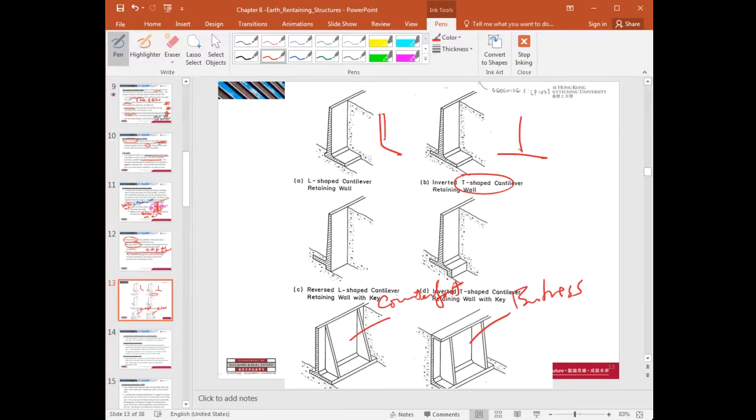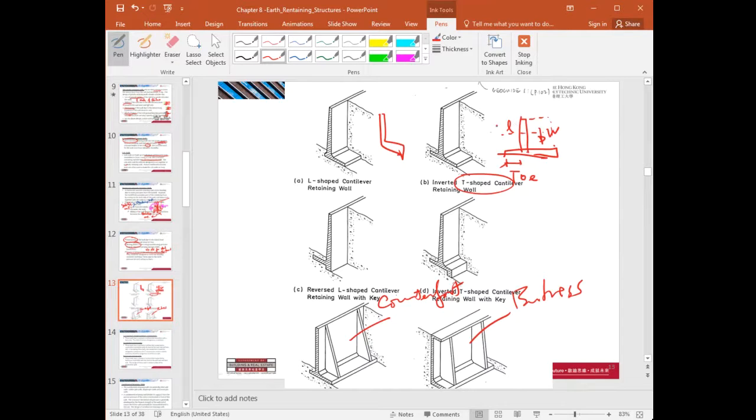Which one is better? By having a longer toe here, it will give you what? A greater lever arm, right? And then you have this weight of soil. So it gives you a bigger stabilizing moment, right?